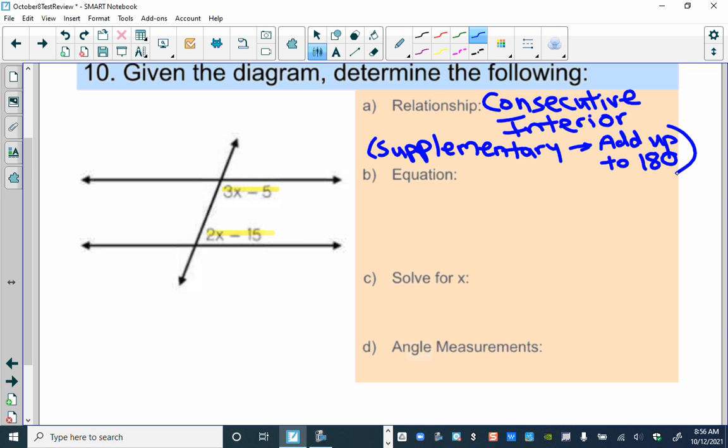Add up to 180. Therefore, our equation, 3x minus 5 plus 2x minus 15 equals 180.